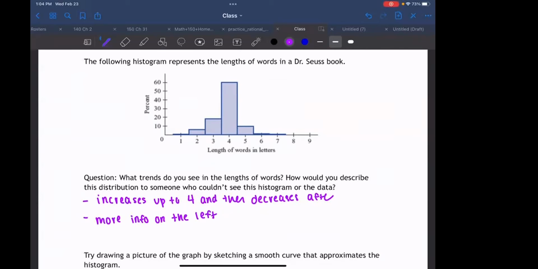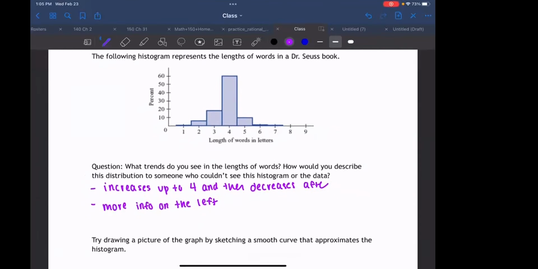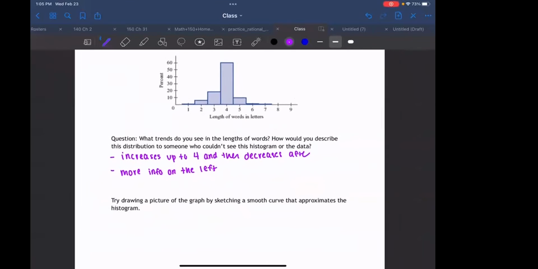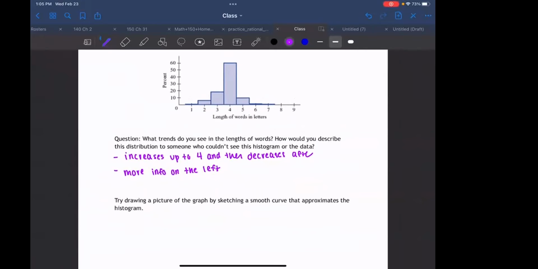I don't really know if there's anything else. There's a peak at 4, it increases up to 4, then decreases after. More information on the left-hand side than on the right-hand side. And that's about it, okay? So what I want you to do now is we're going to try to draw a picture of this graph by sketching a smooth curve that approximates the heights of the histogram, but not actually drawing the bars, okay?